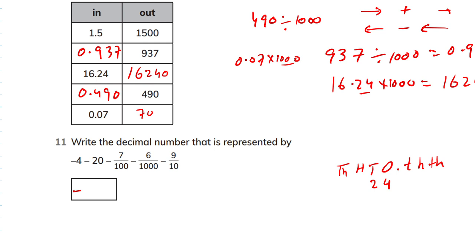Hundredth. And where is hundredth? Here. It means you will write 7 here. Okay. 6 over 1000. If it is over 1000, in which place will the number be? Divided by 1000 means thousandth place. And thousandth place is this. It means 6 will be in the thousandth place.